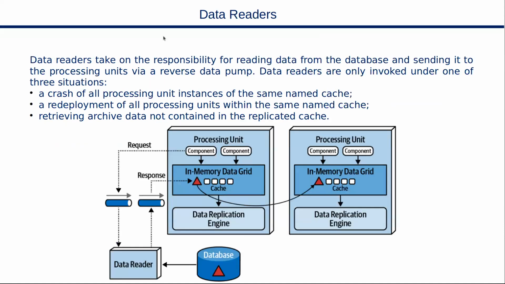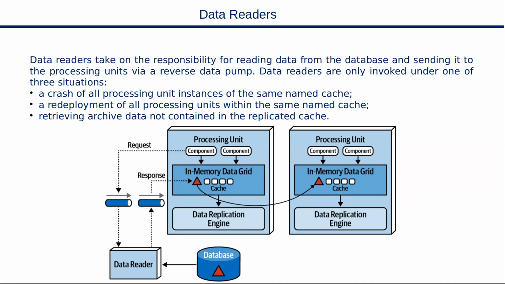Next is data readers. Data readers take on the responsibility of reading data from the database and sending it to the processing units, also via the data pumps. It is the reverse approach, the reverse thing if we compare with data writers.